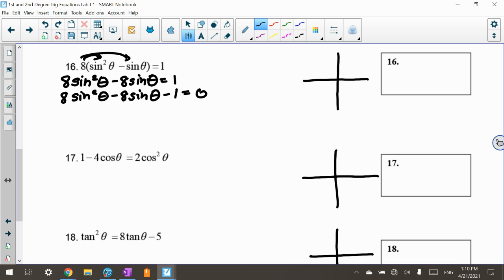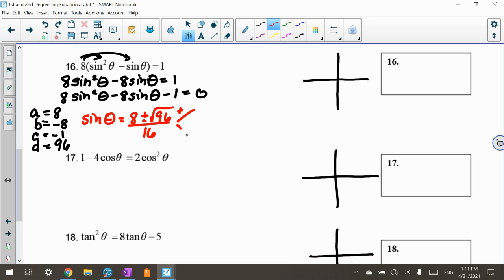Now I'm going to set this up so I know A is 8, B is negative 8, C is negative 1, and when I do the b squared minus 4ac, I get 96. So now I know sine theta is negative b, so it turns to positive 8, plus or minus radical 96, all over 16.